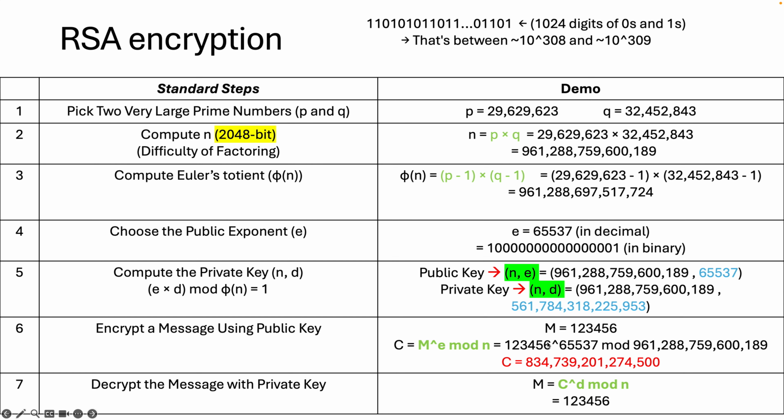So if the message m is this, the final ciphertext, the encrypted message c, will be m to the e mod n. And step 7. When the receiver gets the ciphertext, he can decrypt the message with the private key. M equals c raised to the power of d, modulo n. And in Tom and Jerry's case, only Jerry, having the private key, can do this.